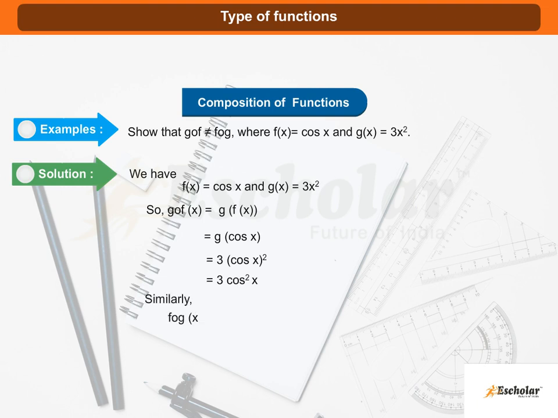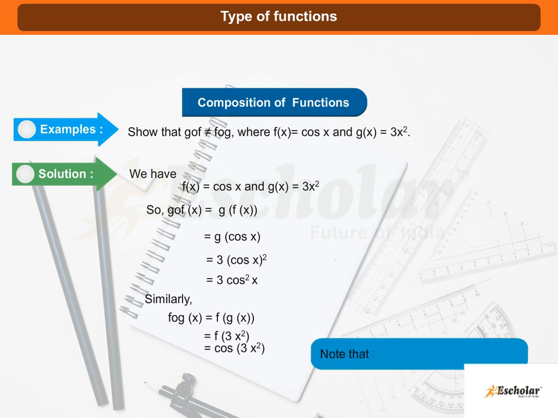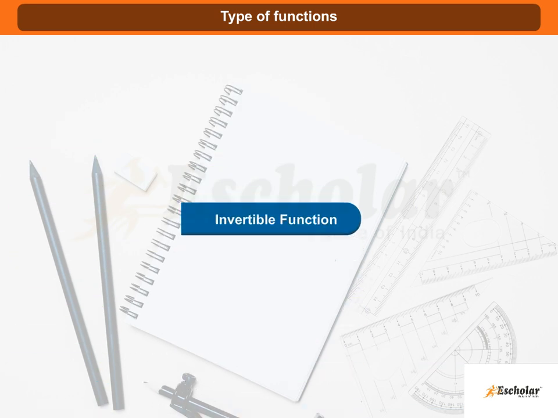Similarly, f o g of x is equal to f of g of x, equal to f of 3x square, equal to cos 3x square. Note that 3 cos square x is not equal to cos 3x square for x equal to 0. Hence, g o f is not equal to f o g.